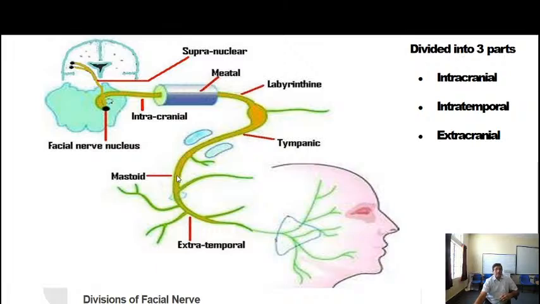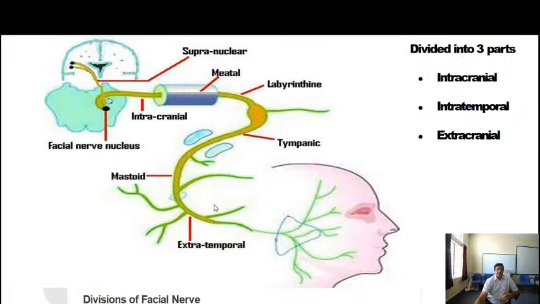Before it comes out through the stylomastoid foramina, in the mastoid segment, it gives off a branch, the postauricular branch, and also a branch to the concha of the external ear. Now that is as far as the sensory component is concerned.